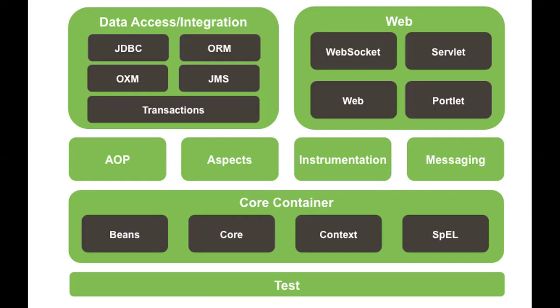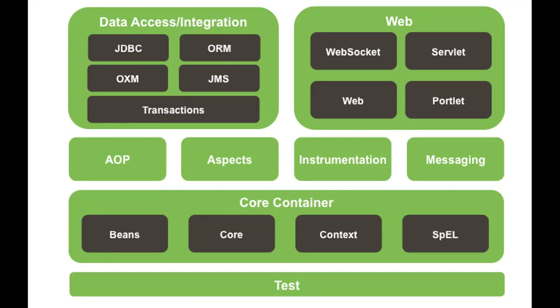ORM, already you are familiar with ORM, which offers integration layers for popular object relational mapping APIs including JPA, Hibernate, iBATIS, etc. Then OXM, which stands for Object XML Mapping, which supports XML mapping implementations such as JAXB, Castor, XMLBeans, etc.